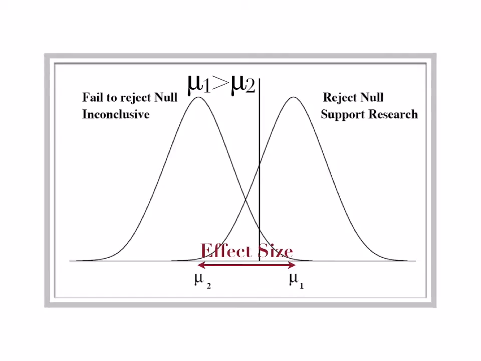So we have an effect size that's a little bit larger in this distribution. The cutoff value is then again set by us. We get to decide what level of risk we are going to take to commit this type of error. So our alpha level is set on the comparison distribution. We're saying there's a 5% chance or a 1% chance that we're willing to commit this kind of error.